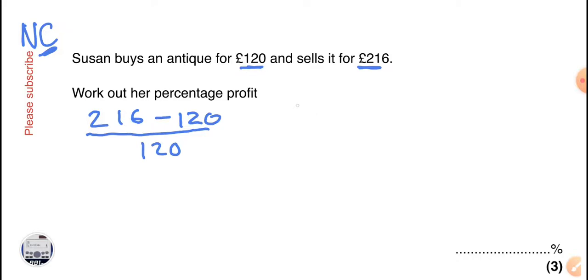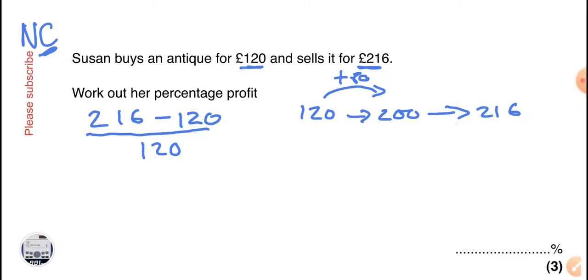One way of looking at it is that 120 to 200 is plus 80, and then from 200 to 216 is another 16. So the 80 and the 16 is 96. So the difference was 96 over 120.